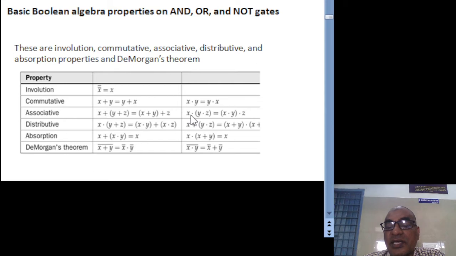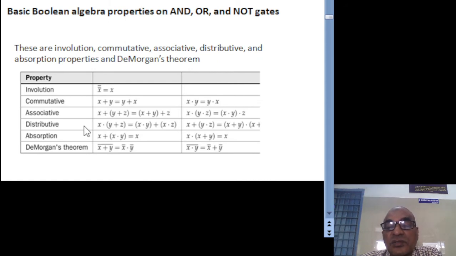Similarly, on the AND gate, the associative property implies x and (y and z) equals (x and y) and z. So that is on 3 variables. Order not being important on 3 variables is represented through the associative property, and on 2 variables through the commutative property.